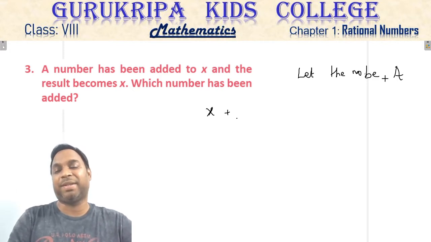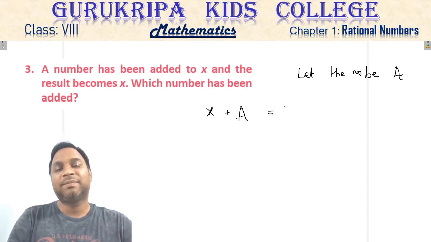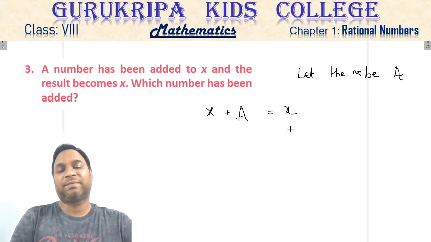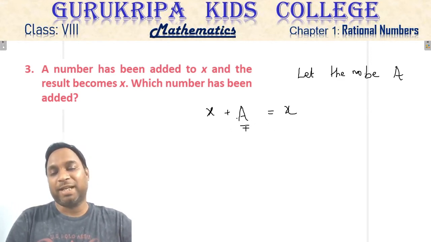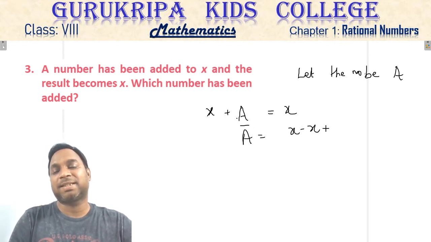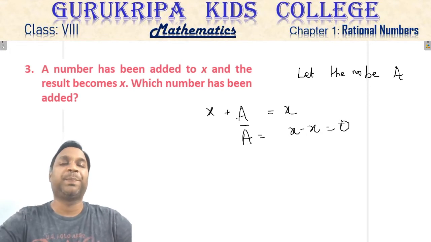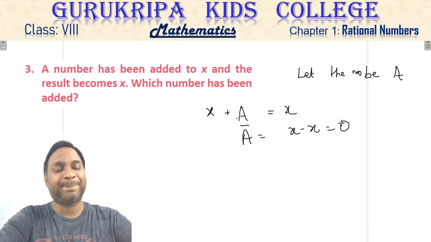Let's say it is capital A. So we have added this capital A to X and the result is X itself. How can we calculate A? X minus X is equal to 0. Okay?